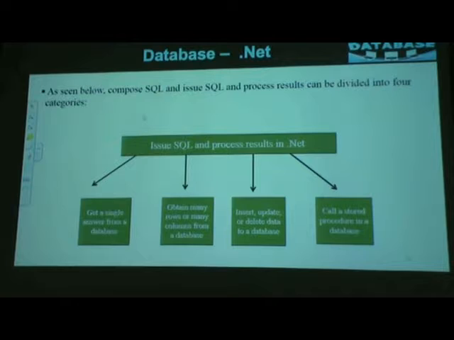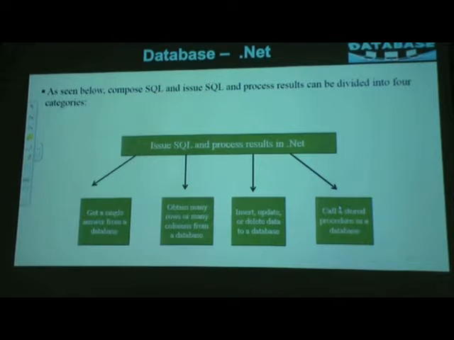As seen below, compose SQL and issue SQL and process results can be divided into 4 categories. First category, get a single answer from a database. Second category, obtain many rows or many columns from a database. Third category, insert, update, or delete data from a database. Fourth category, call a stored procedure in the database.